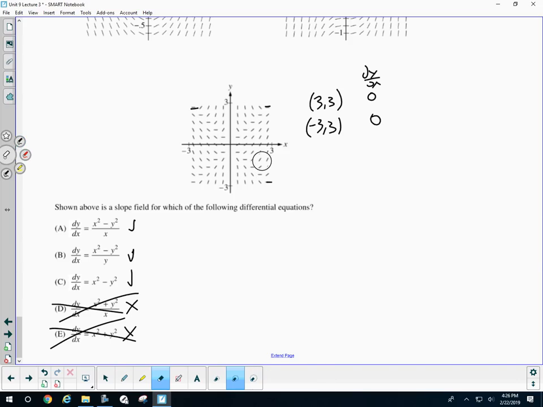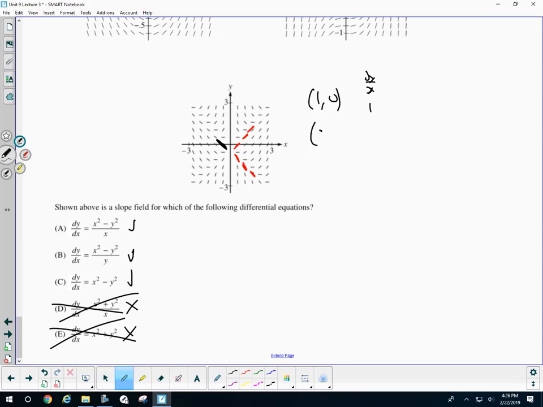All right, now, what else could we look at? I have 3 possibilities. I see the slopes that are 1 and this slope that's negative 1. It looks like at the point 1, 0, the slope is 1. And then I see right here the point negative 1, 0.